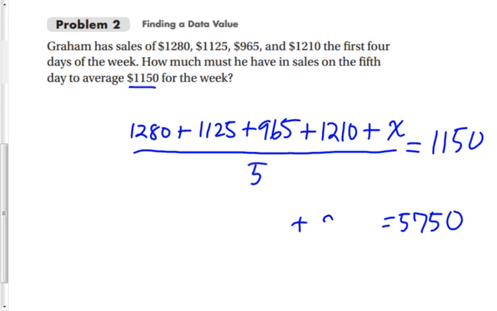And I'm going to add up all those numbers, 1,280, 1,125. That gives me 4,580. And now I'm just going to subtract 4,580 from 5,750. And that equals 1,170.